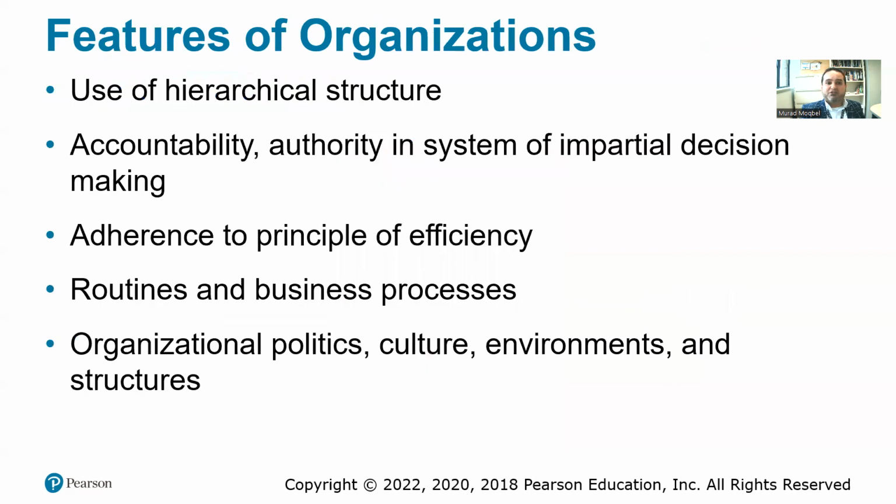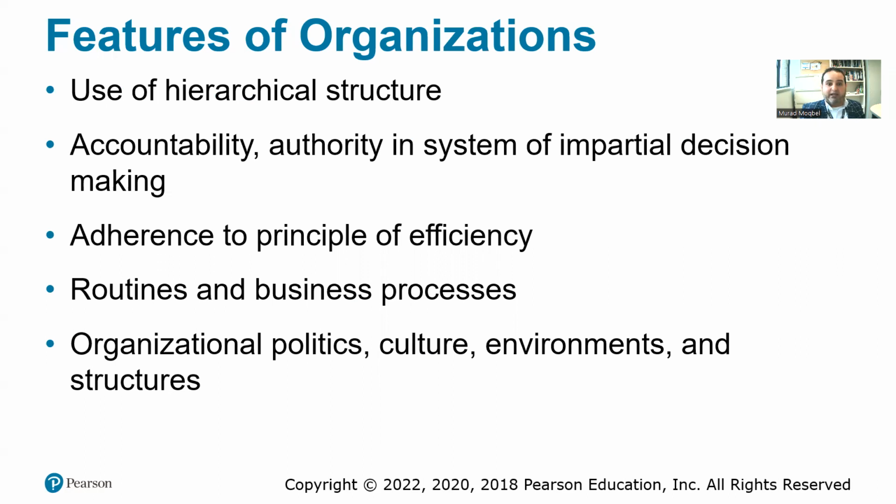Some features of the organization: the use of hierarchical structure. We need to have a hierarchical structure in which we have frontline employees, the supervisors level, then middle managers, and then top management. The idea of hierarchical structure is to have accountability for performing the work with efficiency.